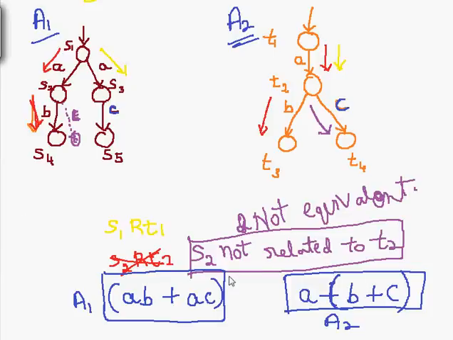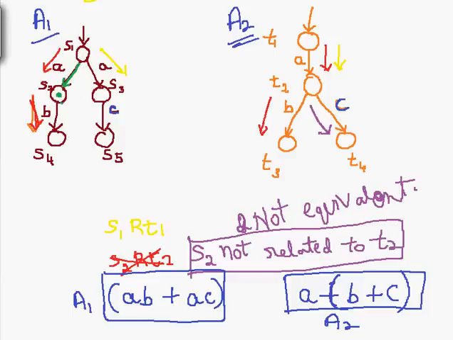Let me tell you where the problem is. Assume that I make an A action here. Now I want to make a C action. Is it possible here? Actually, I don't have a C action here. It is not possible to make a C action once I make an A action here.